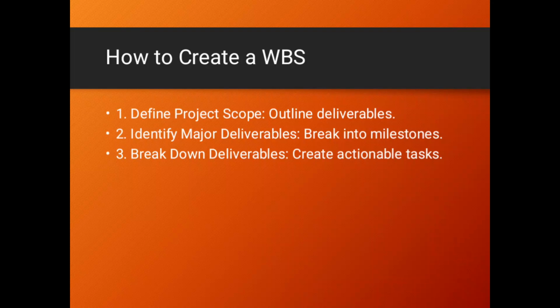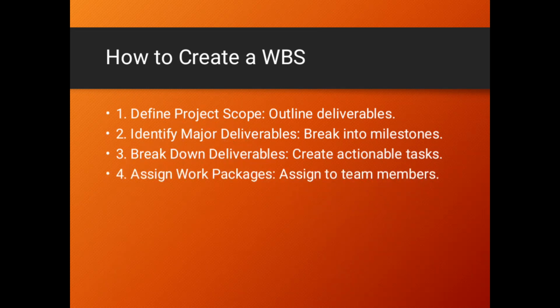From there, you break down the deliverables. On that one, you are now trying to create actionable tasks. From there, you need to assign work packages. So you say, this particular actionable task is going to be done by this particular team of people.